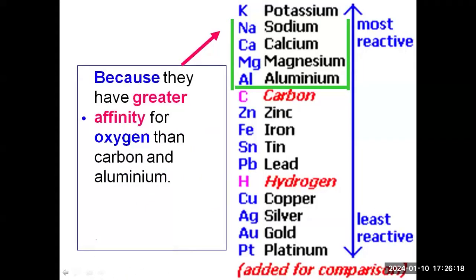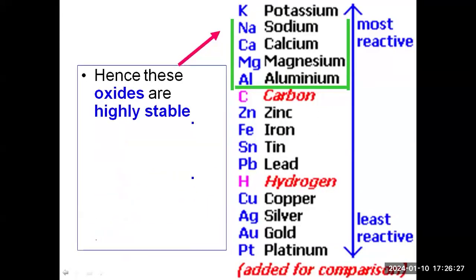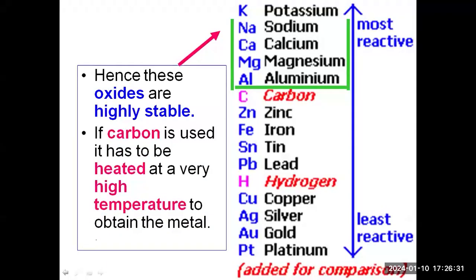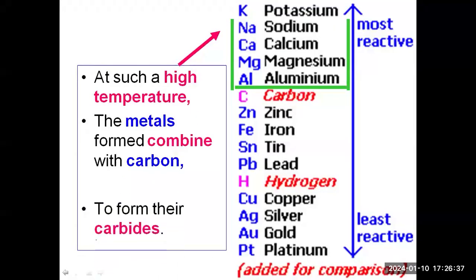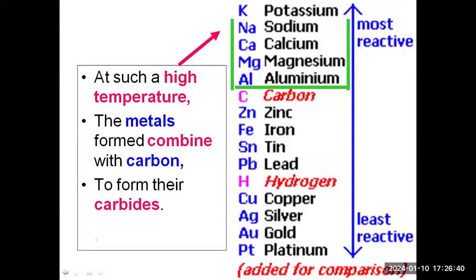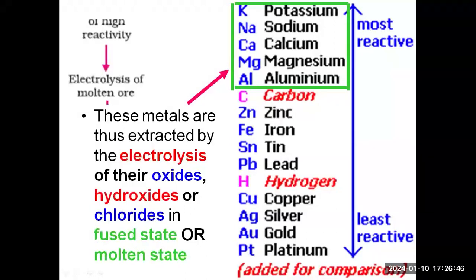If you heat them at a higher temperature, they will convert into carbides. Then it is more difficult to extract the metals from the carbide form. So here the only method left is using electric current. You can simply use electric current to extract them.